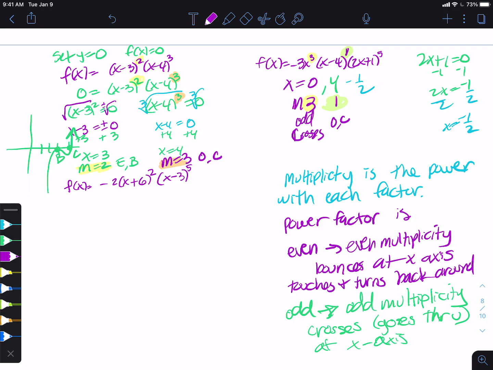And then if we look at this one, the multiplicity is a 5, so that means that it's odd and it's crossing. So it would be crossing through each one of these. So we've got intercepts at 0, 1, 2, 3, 4, and then at negative a half. It's crossing, crossing, crossing.